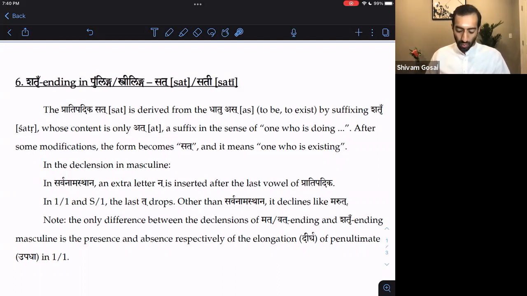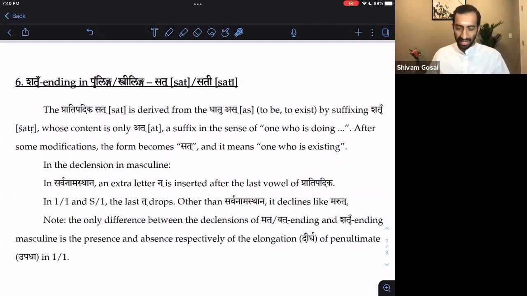Now, this suffix gives the sense of one who is doing something. Okay, so one who is doing or one who is blank-ing.